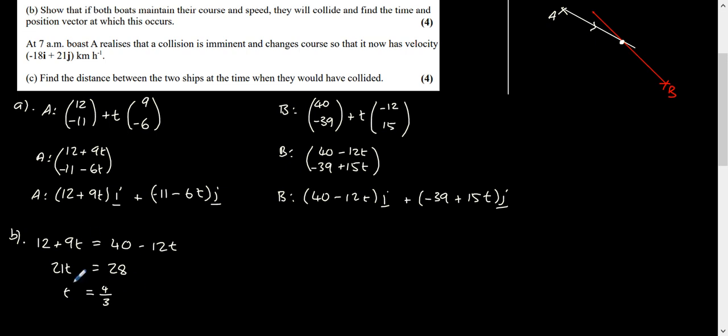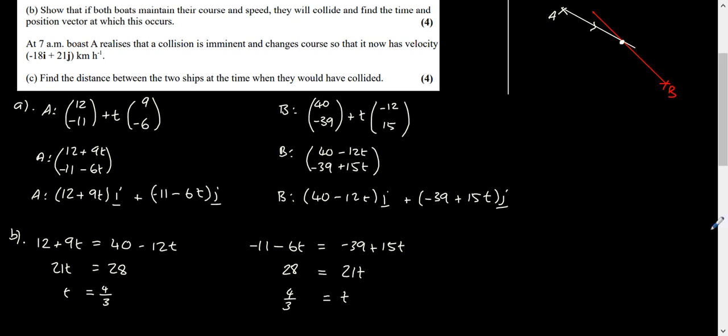Now that tells us they're in the same position horizontally. For them to be in the same position vertically, we need the minus 11 minus 6t and the minus 39 plus 15t to be equal to one another. So we'll solve this equation in exactly the same way, and we get that t again is 4/3, which is good. That means that they are both in the same position at the same time.